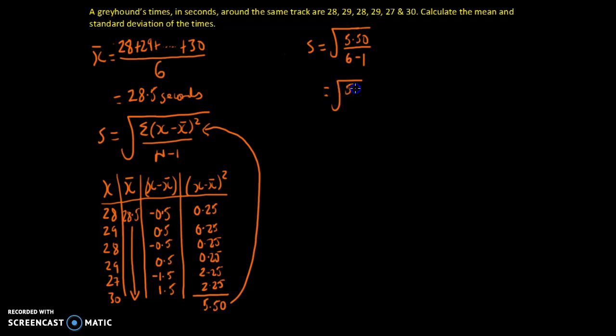So the square root of 5.5 over 5. And if you just give me a second, I will work this out on my calculator. And the answer is, to 2 decimal places, 1.05.